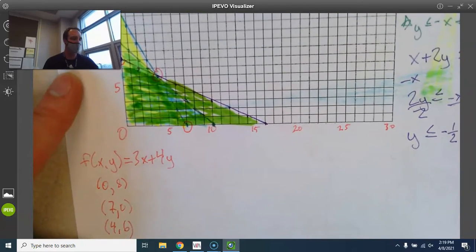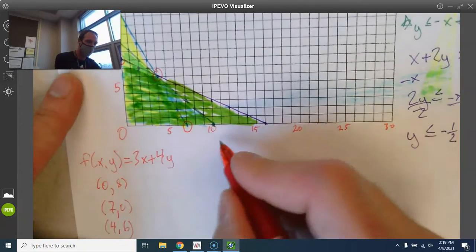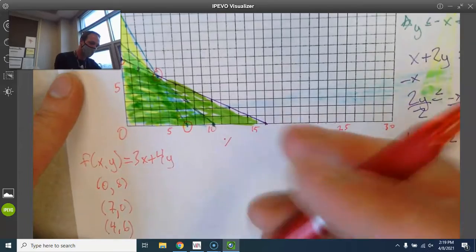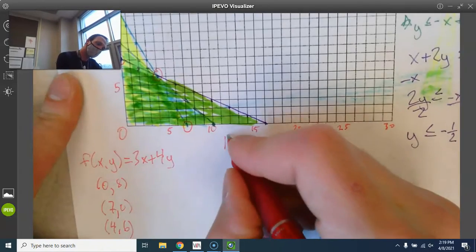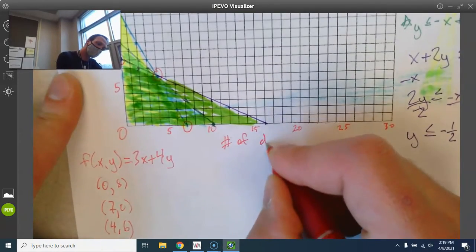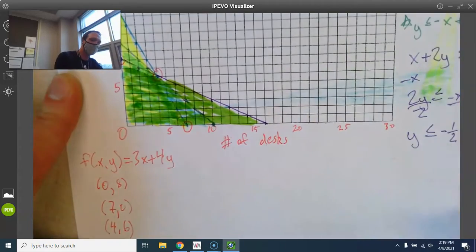And what do these mean? Well, x was the number of desks, and y was the number of tables.